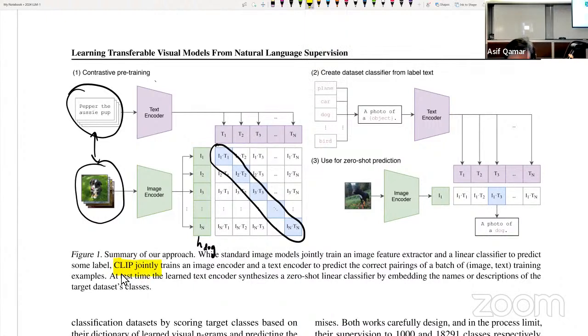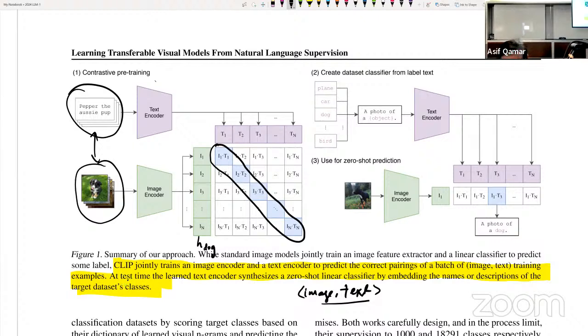CLIP jointly trains an image encoder and a text encoder to predict the correct pairing of a batch of image text training examples. So here, the main thing is that you have image, text. This is it. And what you try to do is maximize this similarity, or minimize this distance.